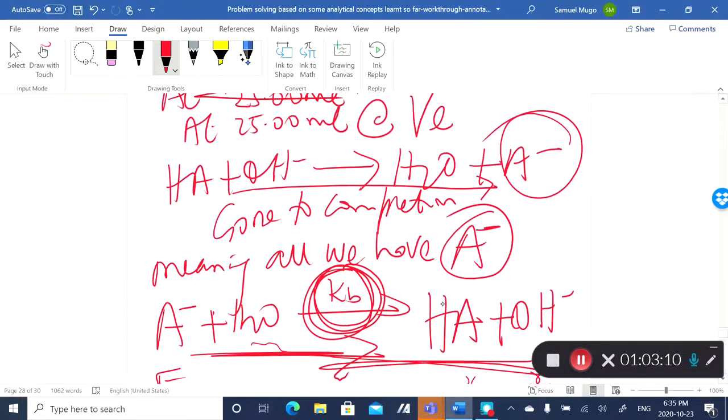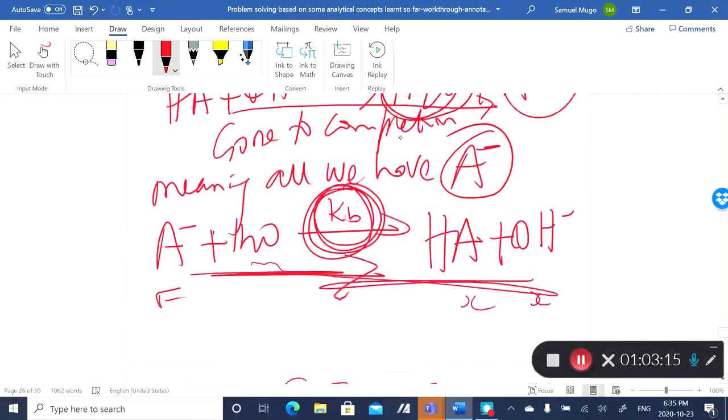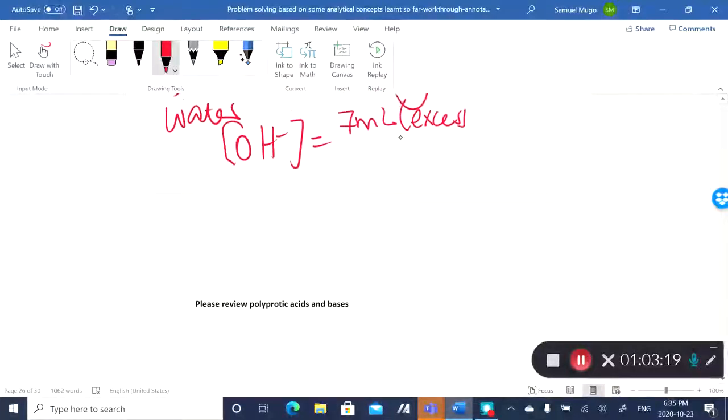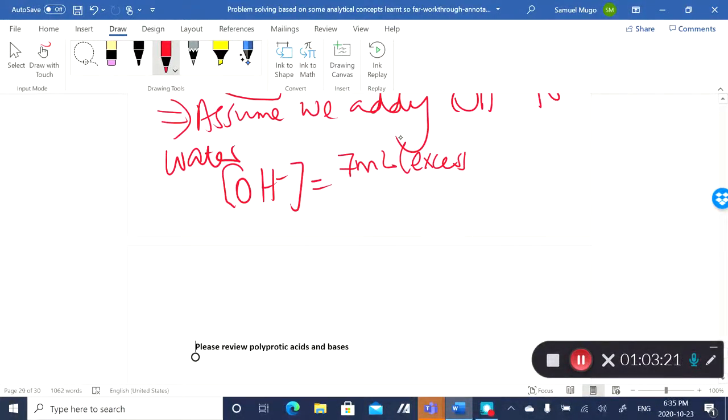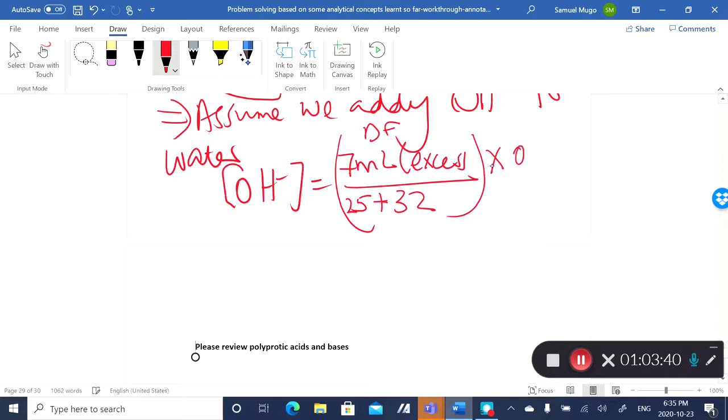In this case, we are making the water largely, and we are adding very strong base to just water, divided by the total volume, which is 25, what we started with, plus the 32. Okay, and that's the dilution formula, sometimes we call it, multiplied by the 0.1, which is the concentration of the OH minus.